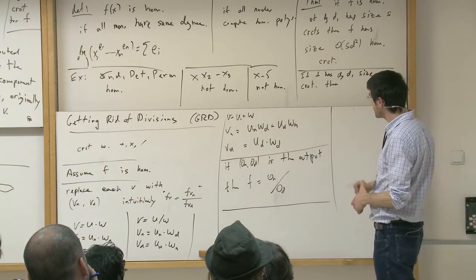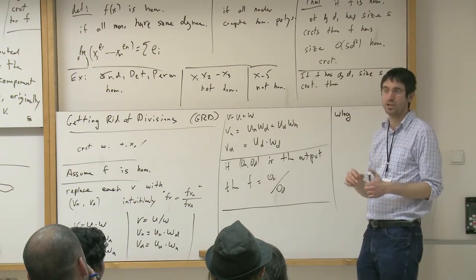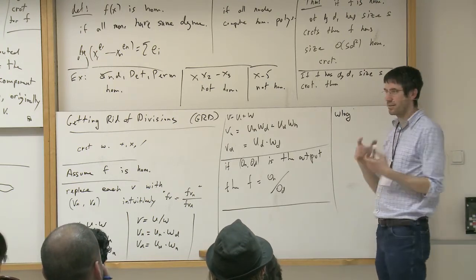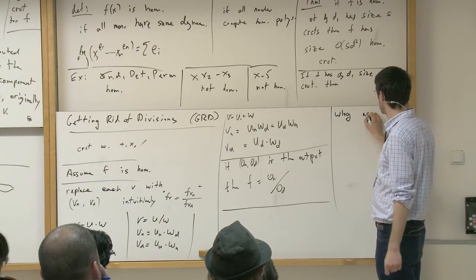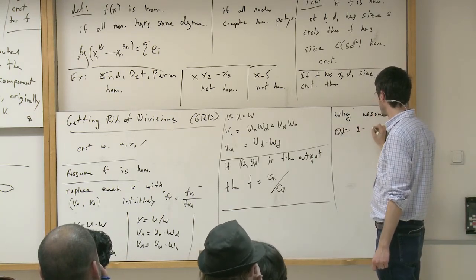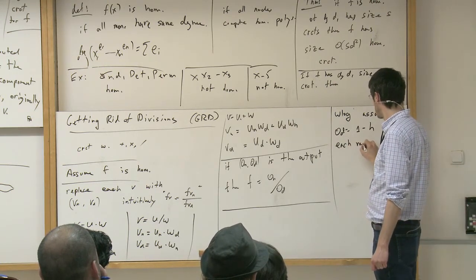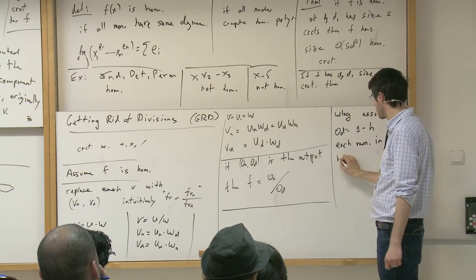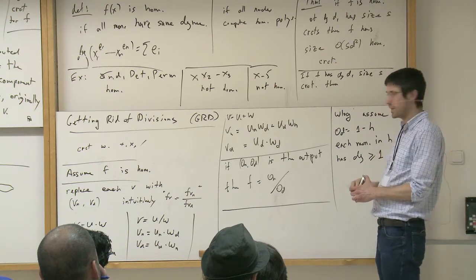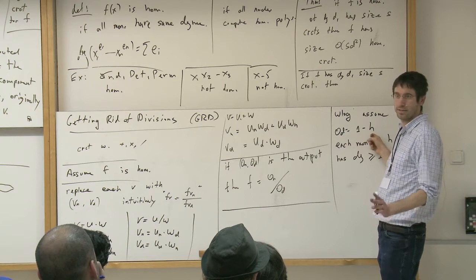So let's assume, without loss of generality, that the denominator is of the form 1 minus h, where each monomial in h has degree at least 1. So basically the constant coefficient is 1, and that's it.